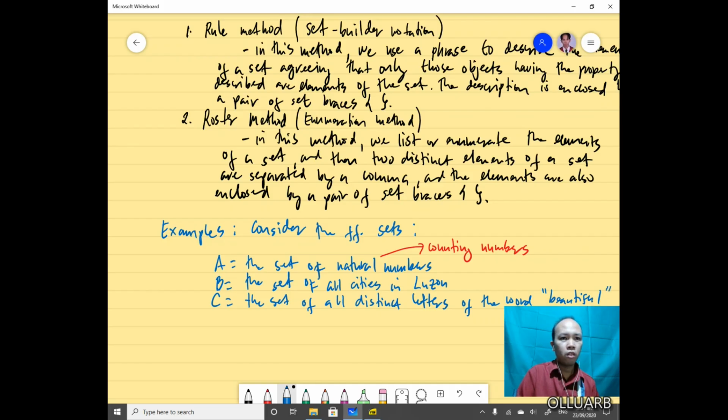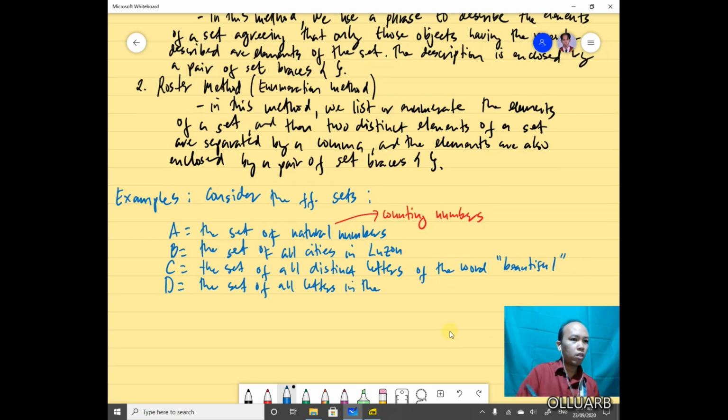Letter D, the set of all letters in the English alphabet.